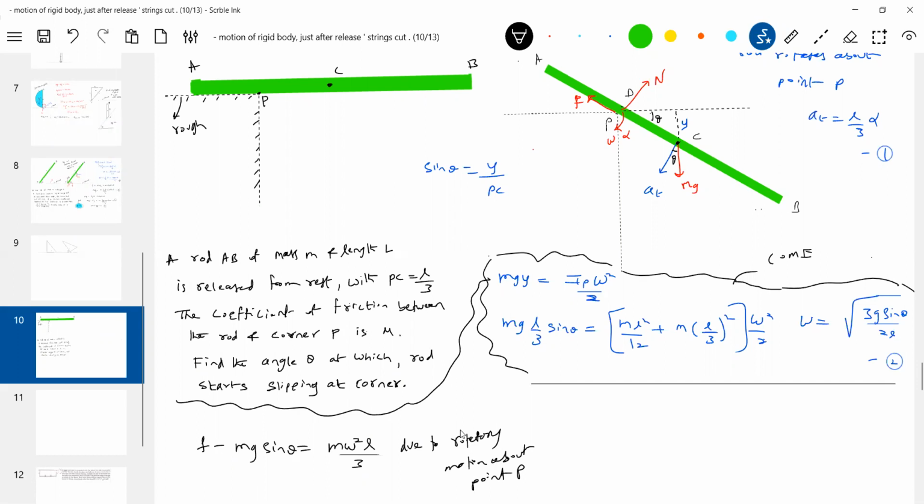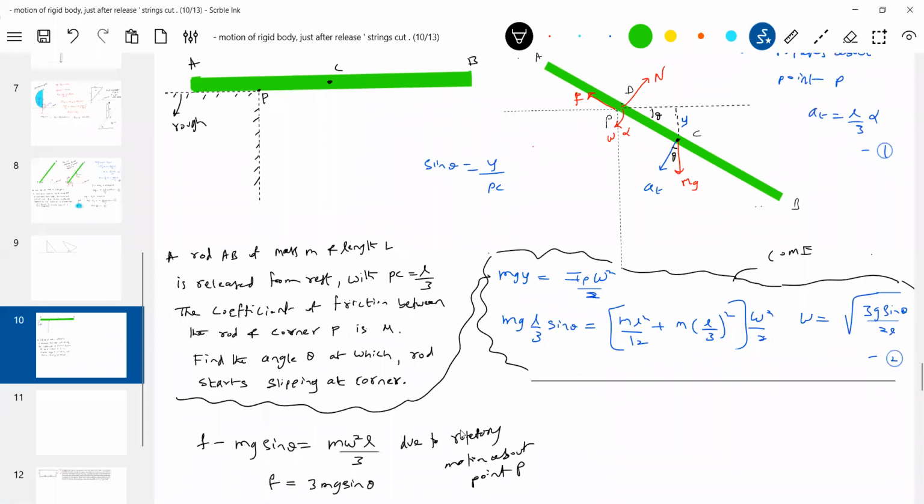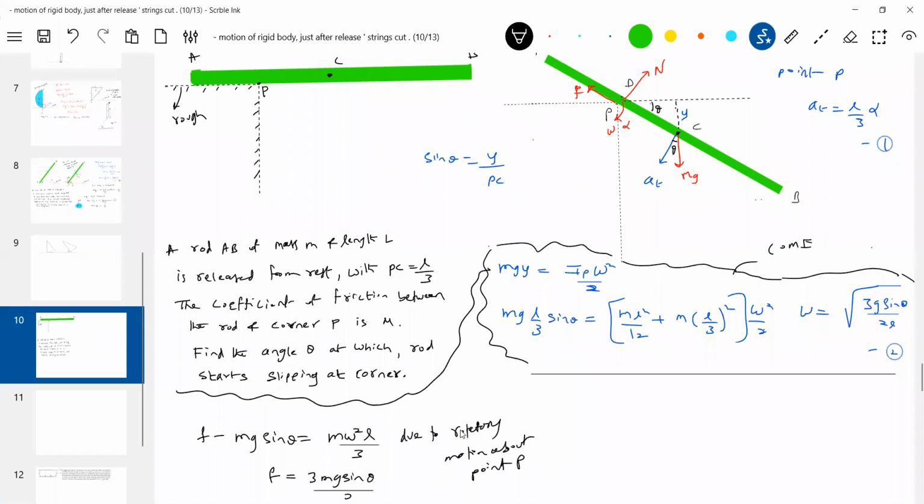So we know omega. Substituting that omega, I'll get one equation, 3mg sin theta by 2. Call this equation 3. This is 1. Okay, let's come to any other thing.